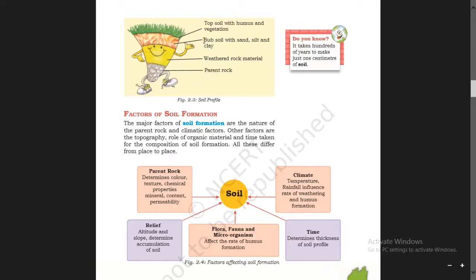Then second level, it is subsoil with sand, silt and clay. Next one, weathered rock material. Then the fourth one is parent rock. Boys, do you know it takes hundreds of years to make just 1 centimeter of soil?